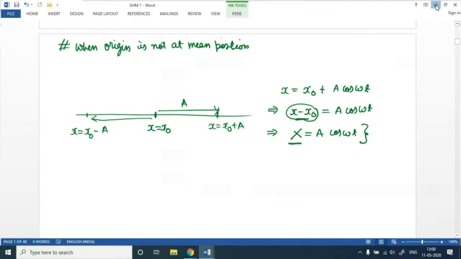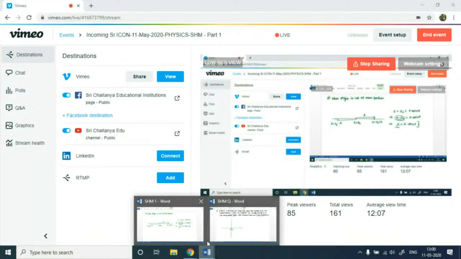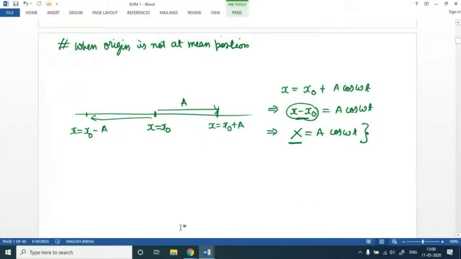So let me do a few things over here. Okay, so x is equal to a cos omega t is given.